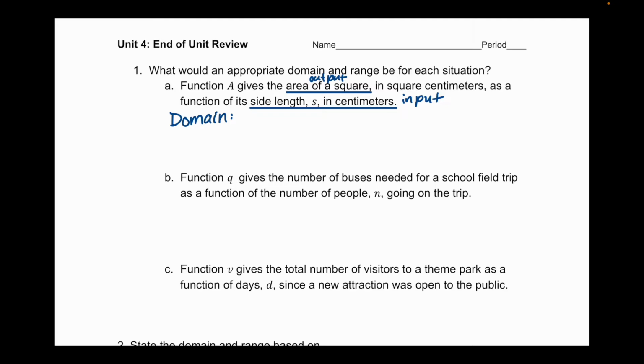In this case, centimeters, we can use partial centimeters. Centimeters are not only whole numbers, but an actual box or a square would have to have dimensions and area. So we can say all positive numbers.